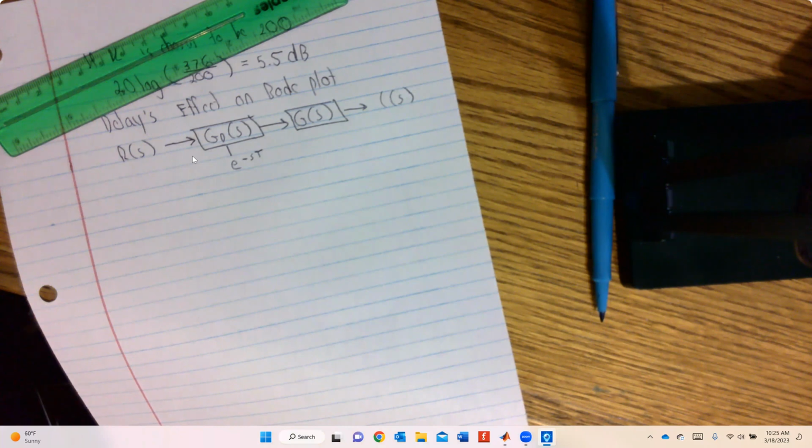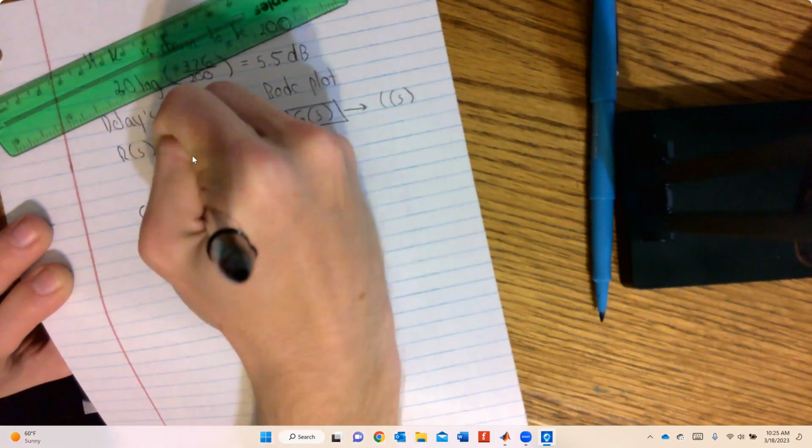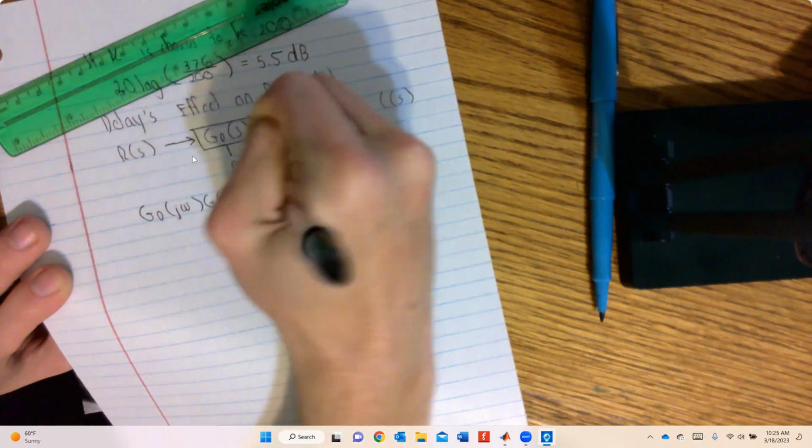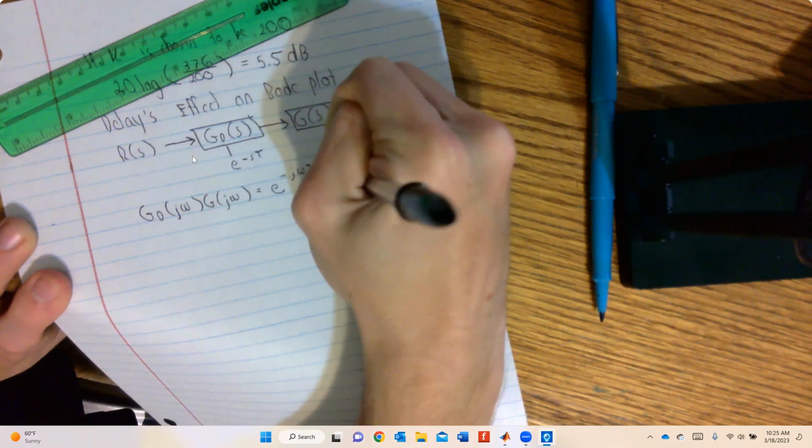And so what we're going to notice is when we add a delay, it's going to decrease our phase margin, and it's also going to decrease our gain margin. Specifically, when we have a delay and we look at the frequency analysis of G(j omega), it's going to equal e to negative j omega T multiplied by G(j omega).